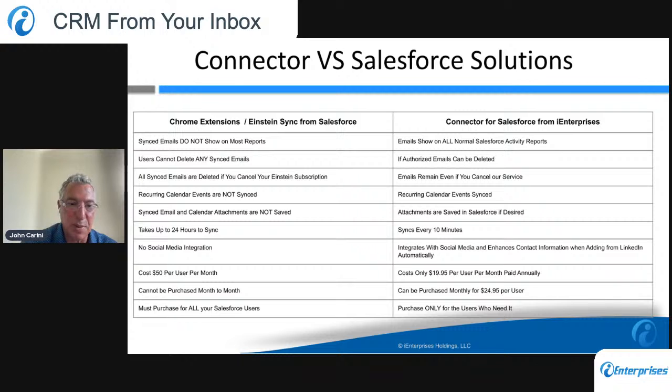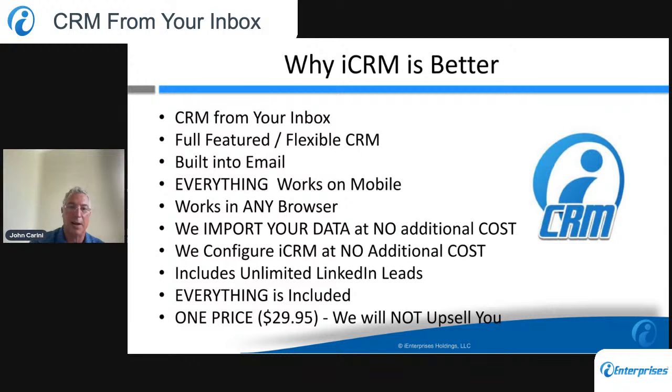They take up very little space, and it just goes on and on. Bottom line is, the Einstein Activity Sync is an okay solution, but they want to charge you $50 a month for it, and then they limit you very much unless you pay even more, which is the way it works with that.